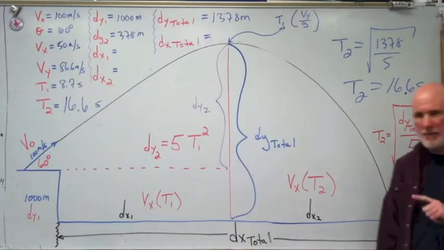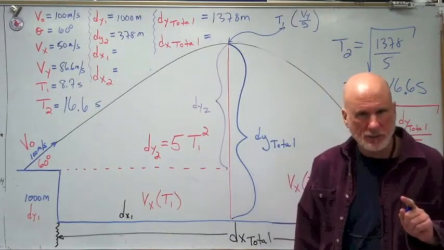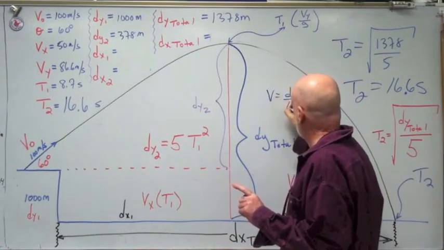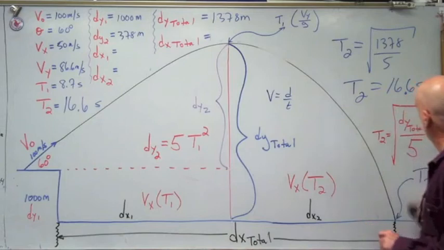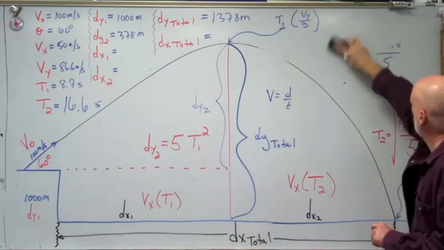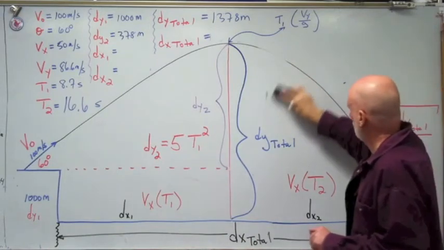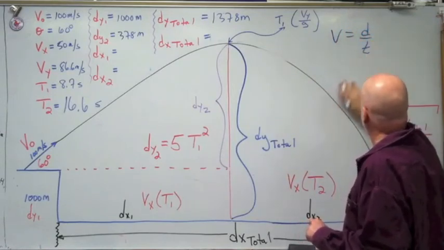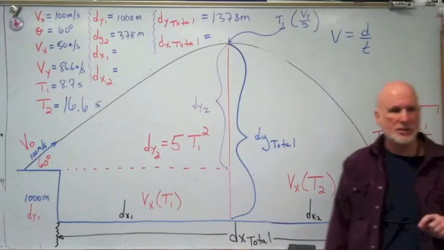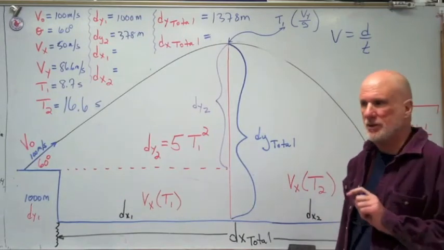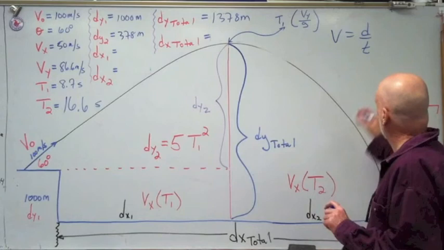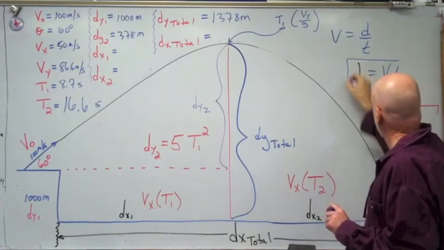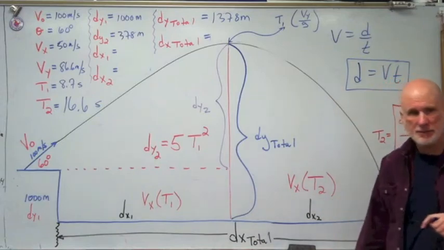Now, you remember the basic equation V equals D over T. D equals VT. Correct?